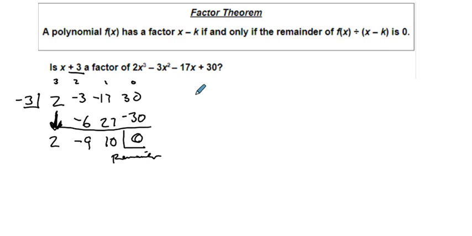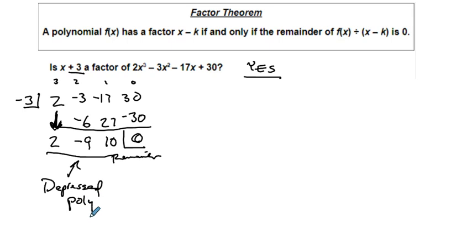So for x plus 3, the short answer is yes, it is a factor because we have a remainder of 0. And this answer here has a name: they call this the depressed polynomial. If you think of what depressed means when we talk about mental health, it means kind of down or low. This is the lower polynomial that you get, lower in the sense that it's physically below this, and also lower in that when I write it out, I get 2x squared minus 9x plus 10.